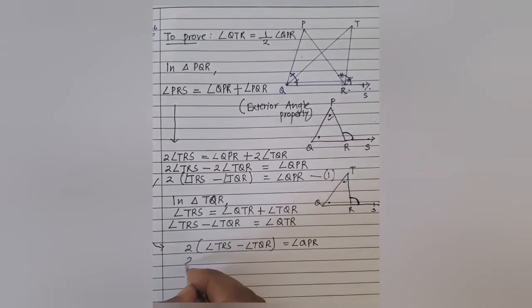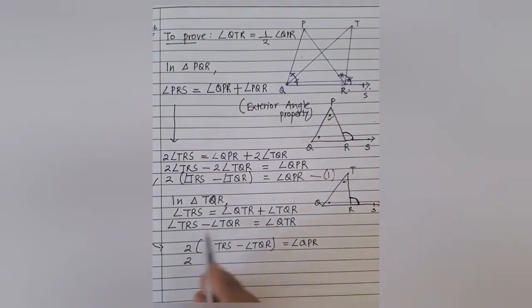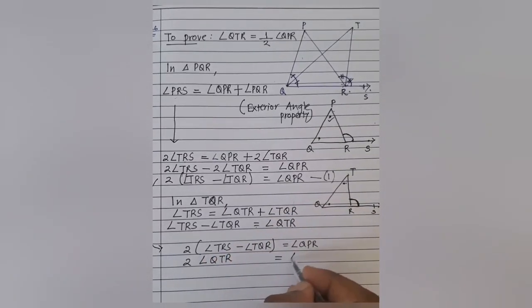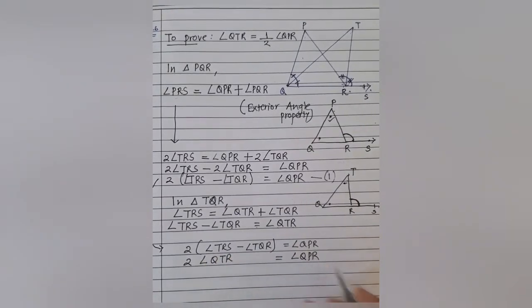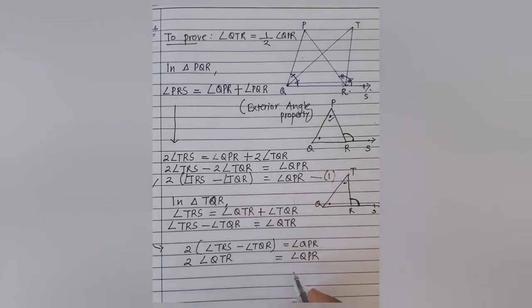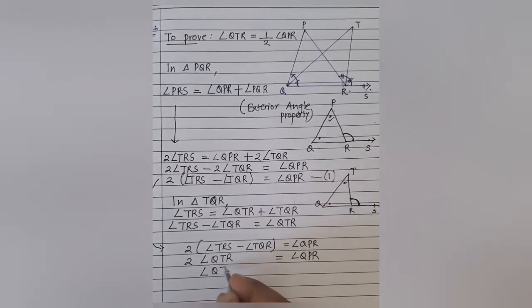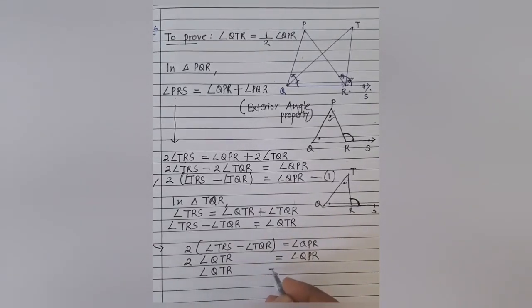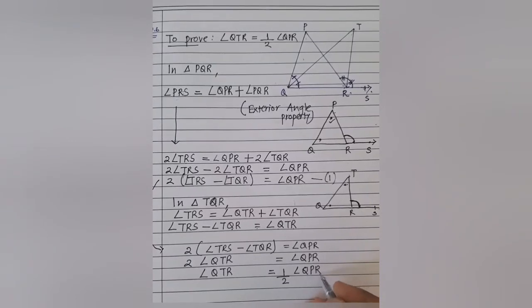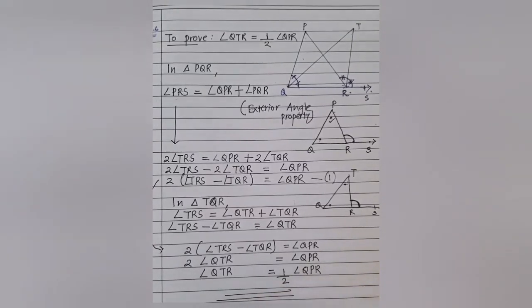So instead of TRS minus TQR, I'm going to write angle QTR, which is equal to angle QPR. The next step: if the 2 goes to the other side, it comes into division. So QTR, 2 goes to the other side, I can write it as 1 upon 2, and then I'm left with angle QPR. This is what we have been asked to prove.